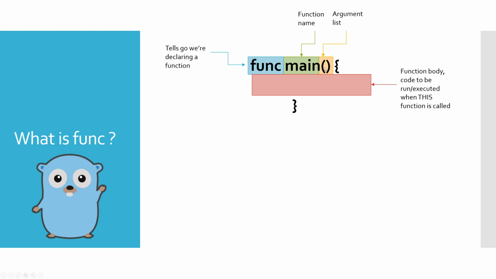And then next to it is the argument list for any arguments that your function will be taking. And then curly braces, and within the curly braces we have the function body, which is any code that will be executed and run when the function is called. So if we call the main function, whatever code we write inside this function body here, this red block, would be executed.